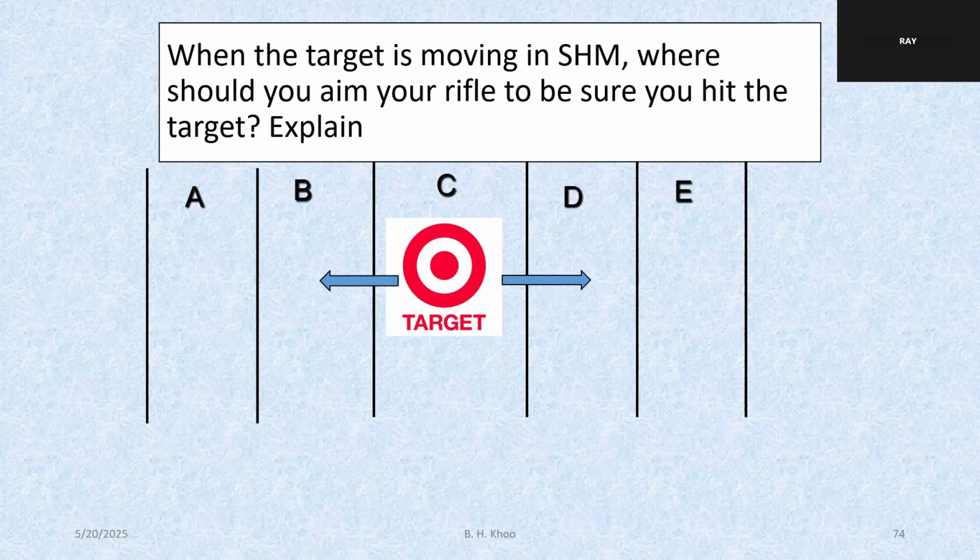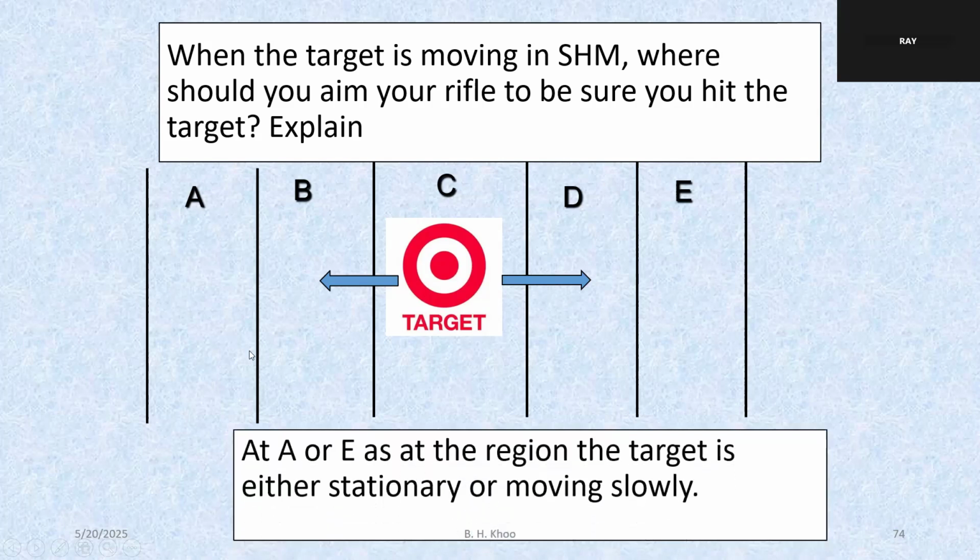C is where it's moving too fast, so it's unlikely you will hit the target. A or E is where it's moving slowly, either at maximum amplitude or zero. At A or E, the target is either stationary or moving slowly. That is where you're likely to hit it.